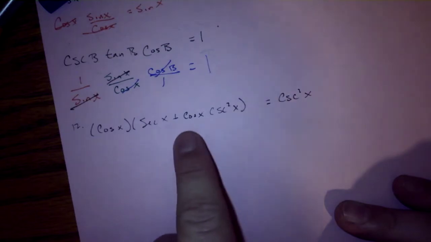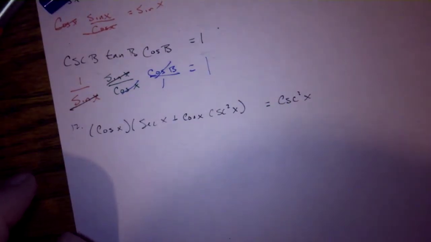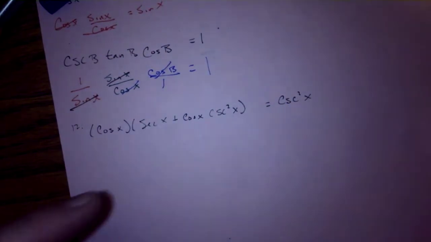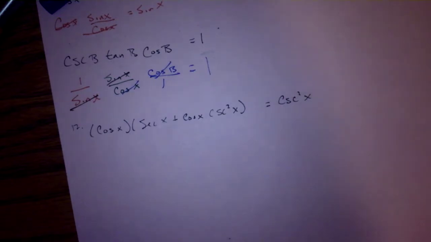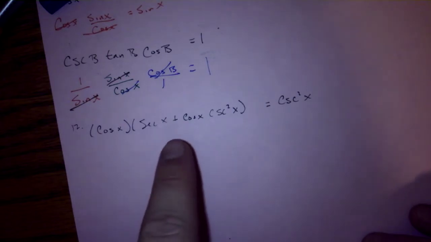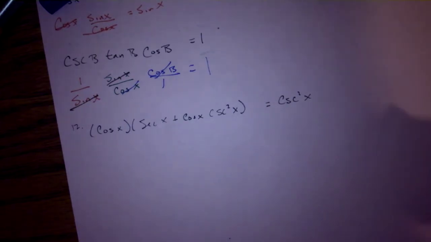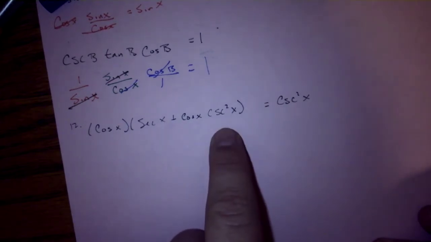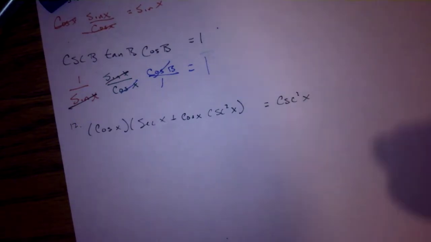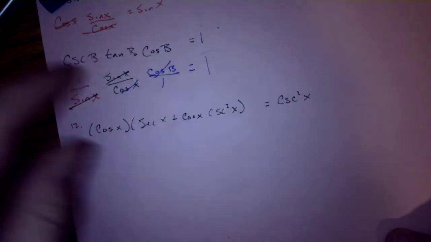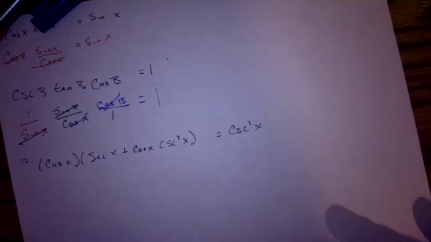So I've got squareds, which makes me think that I'm going to have Pythagorean theorem, or Pythagorean property, which is sine squared plus cosine squared equals 1. But I also have lots of secants and cosecants, so I'm going to mess with the fractions first. I could be wrong, okay? So I'm going to go the fraction route, but before I do that, I'm just going to write these definitions over here on the side, okay?